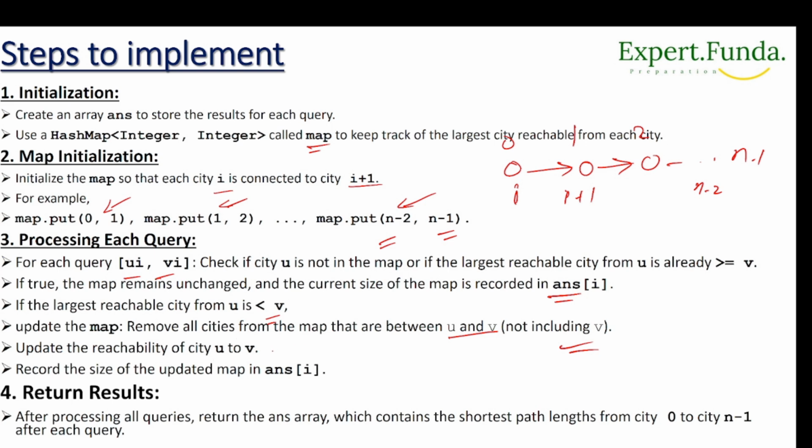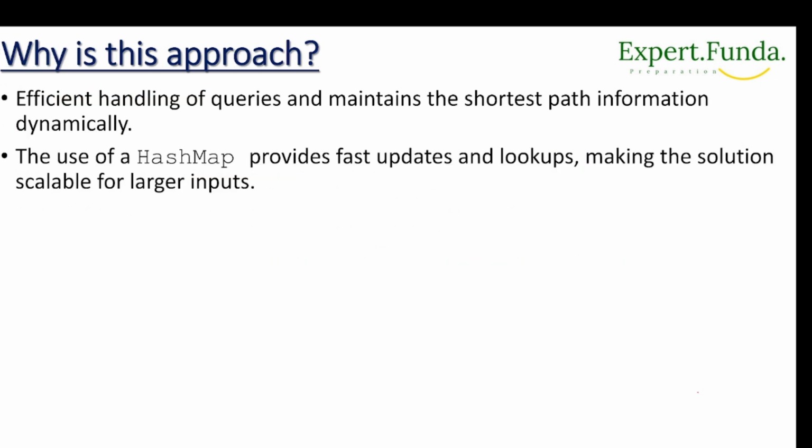Because we will not do overlapping, which we will discuss further. We will record the size of the updated map and update the result. Finally, once the answer is updated, we will return the answer array, because this contains the shortest path from 0 to n-1 after each query, right?